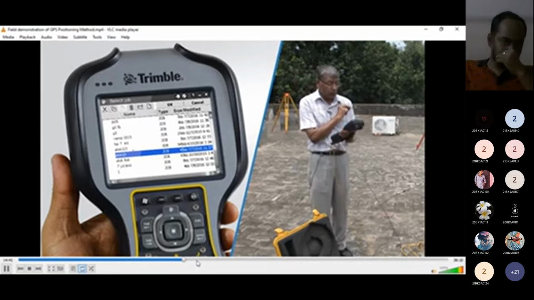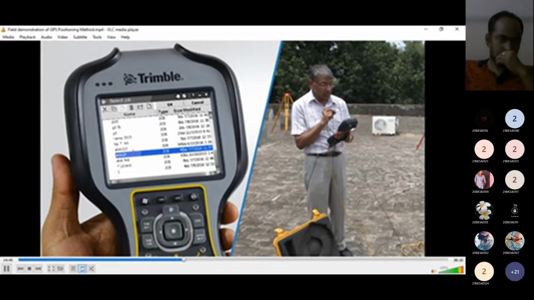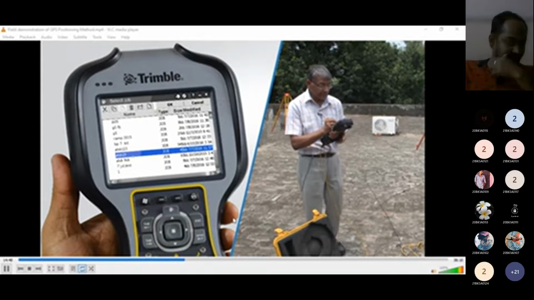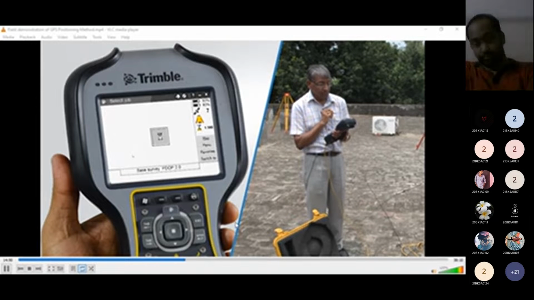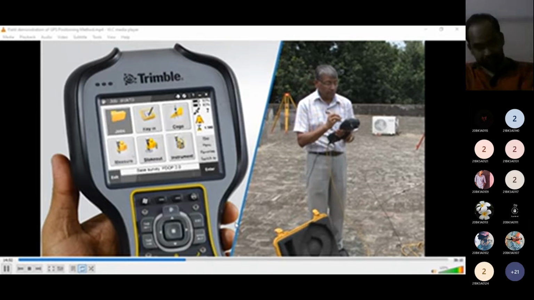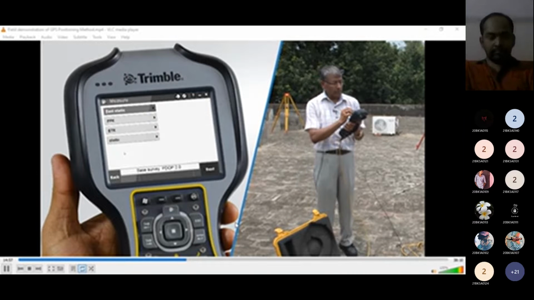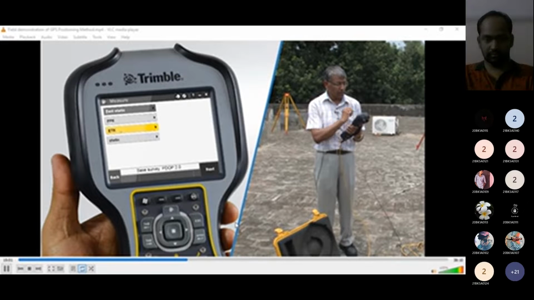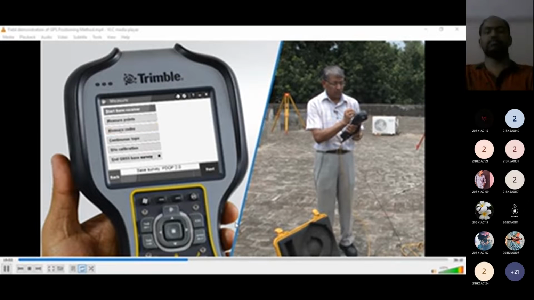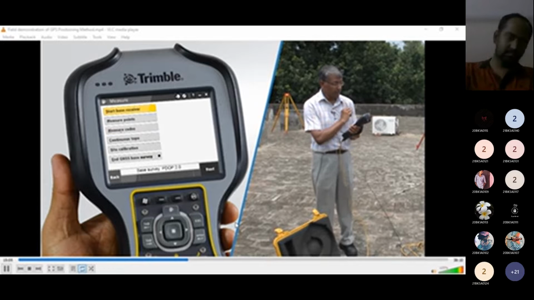That means we need to take a station whose location is known. So this is the job we are taking. Now we will start measurement. Under the measure there are different types. We are going for RTK, so clicking that. First we have to start base receiver.